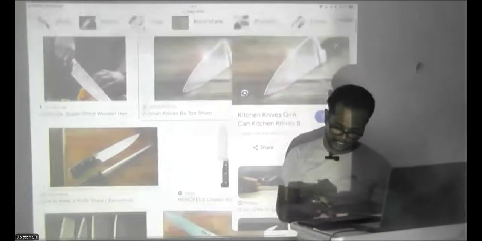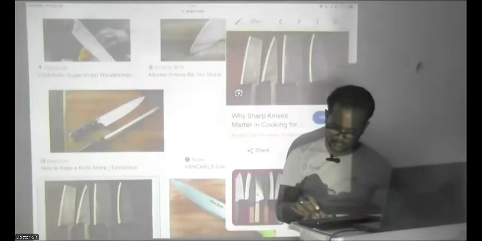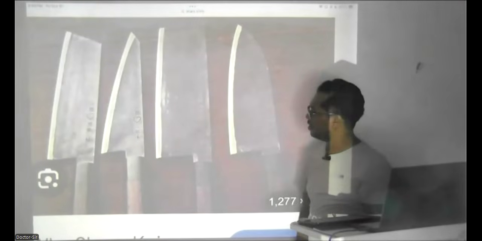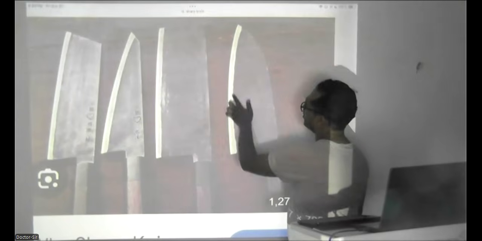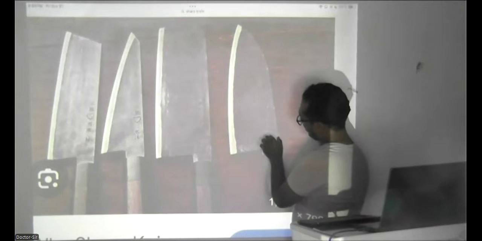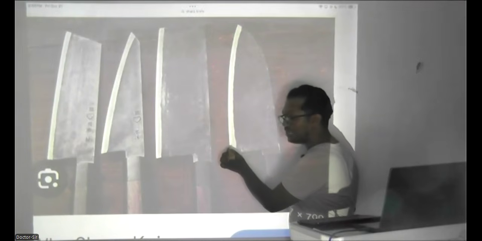Now think about the sharp knife. This is a sharp knife. Compared to this other area, you can see very nicely in this image, this is the very sharp area, but this region is very thin.